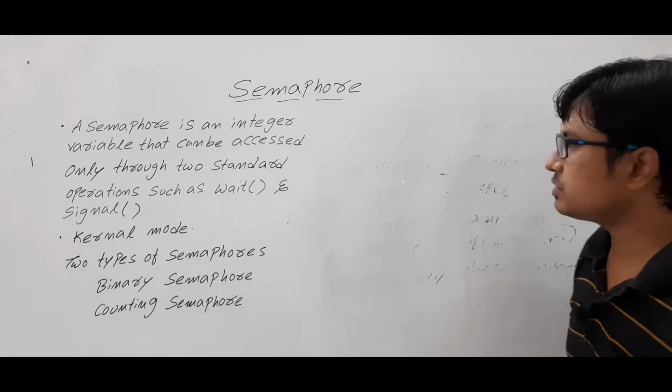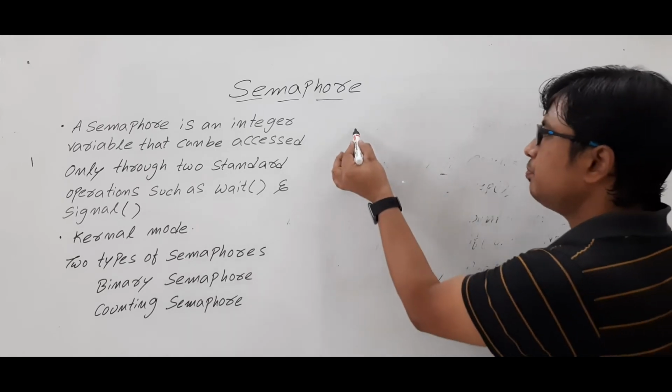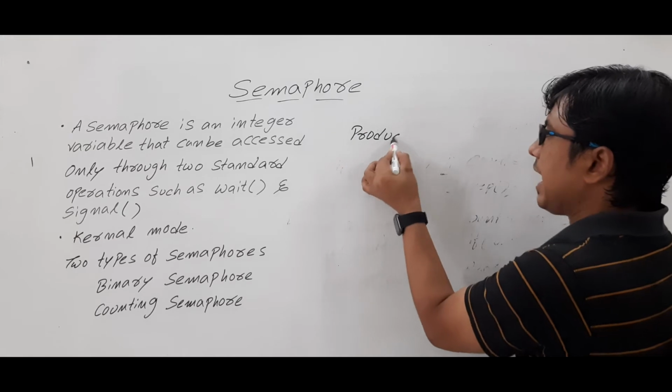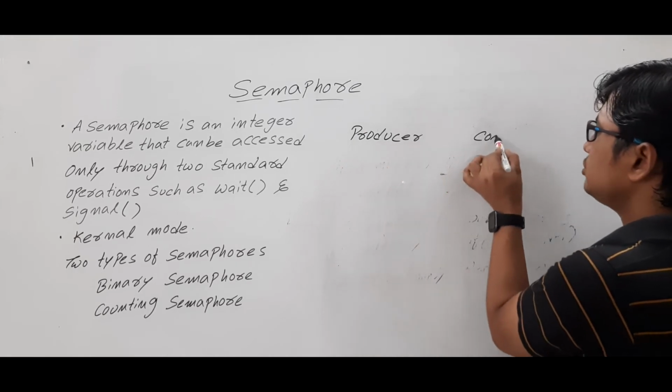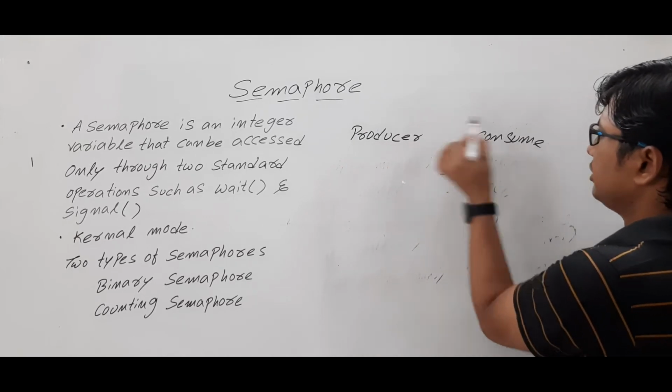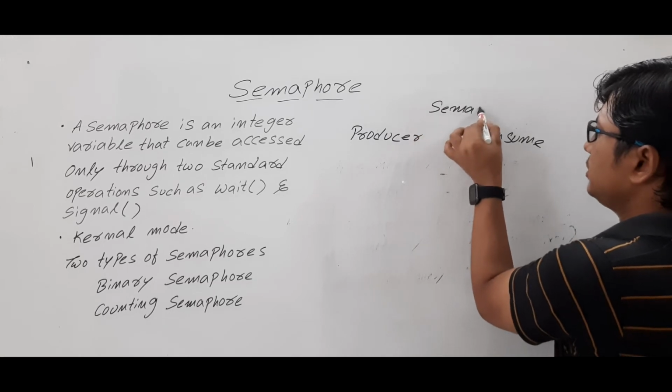Now semaphore is one variable, am I right? Producer is accessing this variable and even the consumer is accessing the semaphore variable. Are you able to understand?